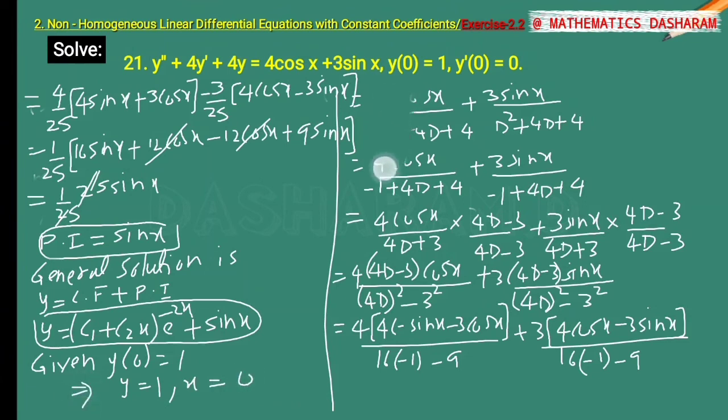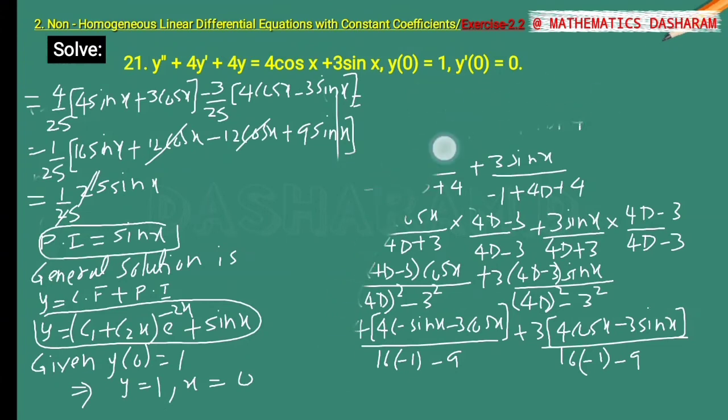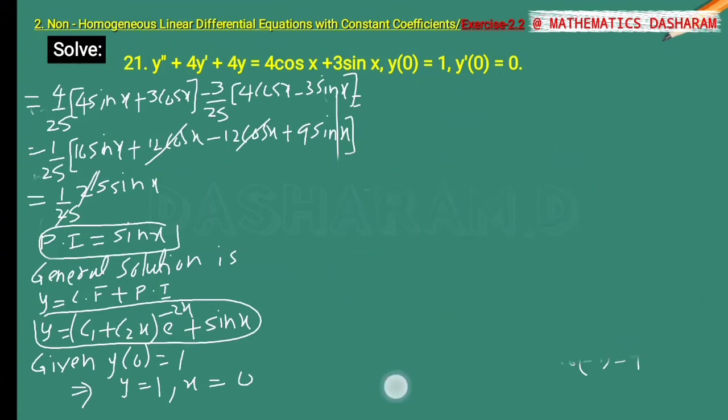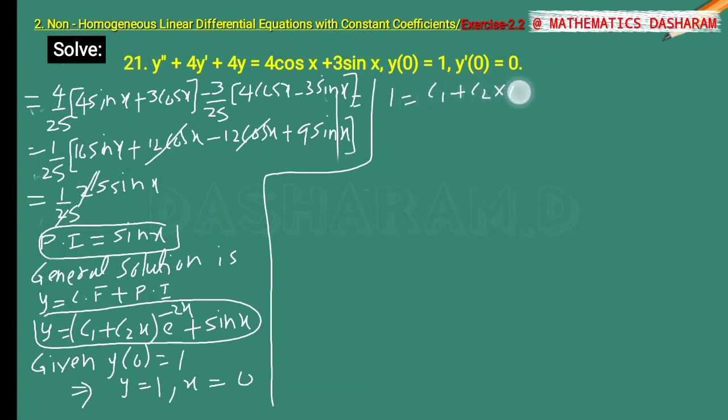So substitute these values in the general solution. 1 equals c1 plus c2 into 0, e to the power of minus 2 into 0, plus sin 0. 1 equals c1, since e to the power of 0 is 1 and sin 0 is 0. So overall the c1 value is 1.